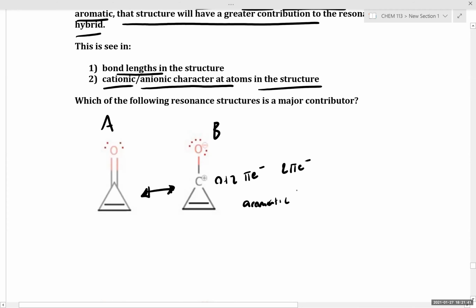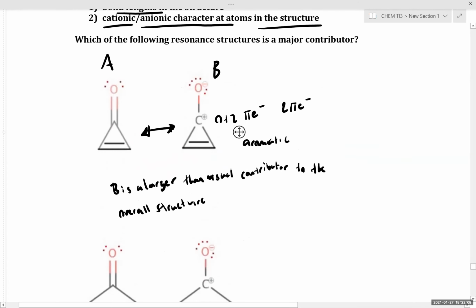And in turn, we can conclude that B is a larger than usual contributor to the overall structure. Now, what does that mean? What relevance does that have?